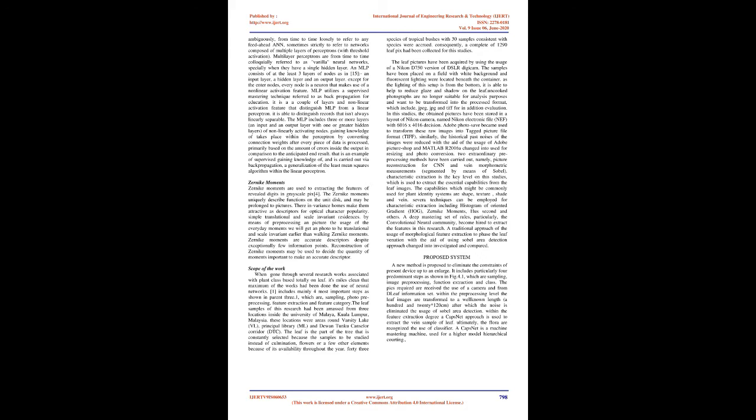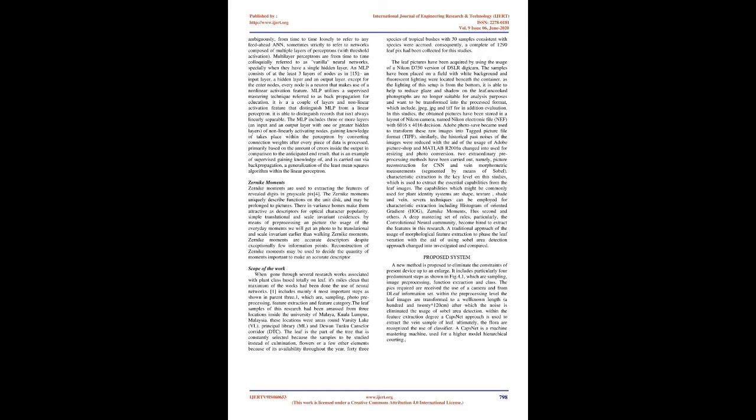Multilayer perceptrons are sometimes colloquially referred to as vanilla neural networks, especially when they have a single hidden layer. An MLP consists of at least 3 layers of nodes: an input layer, a hidden layer and an output layer. Except for the input nodes, every node is a neuron that uses a nonlinear activation function.